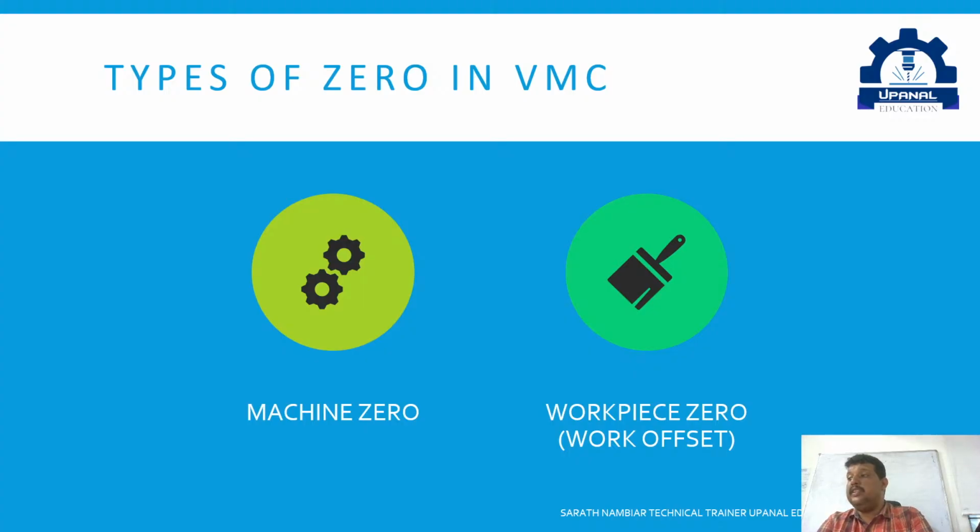It is what we set based on the drawing. This is the zero we use for programming and machining. So when we talk about drawing, we are mainly talking about workpiece zero.